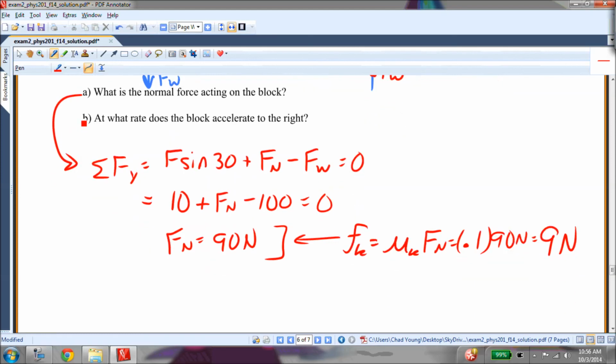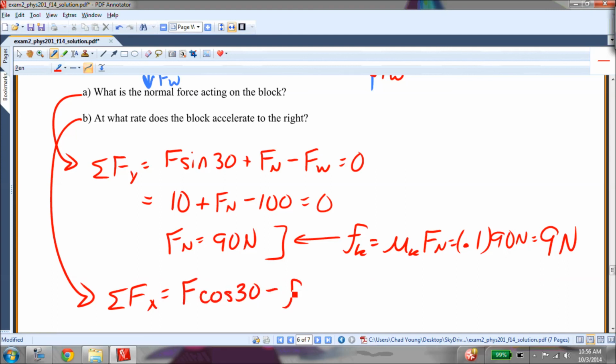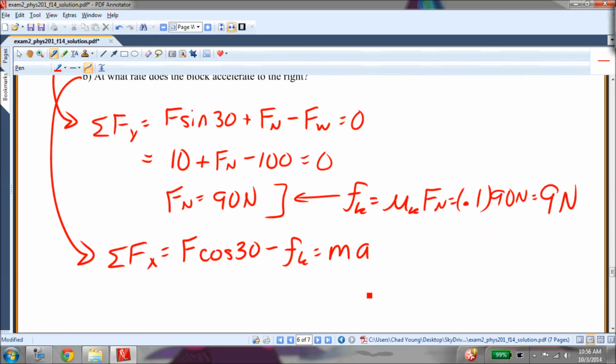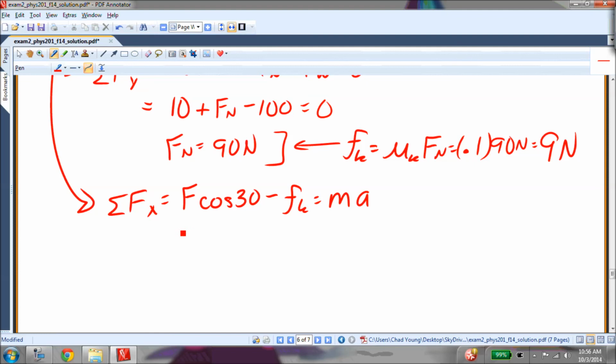And then to answer part B, I say the sum of the forces in the x direction, which is going to be F cosine of 30 minus Fk equals ma. And I'm looking for the acceleration. So this is, what was my force? 20 cosine 30 minus 9 equals 10a.